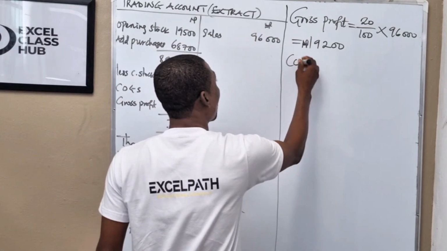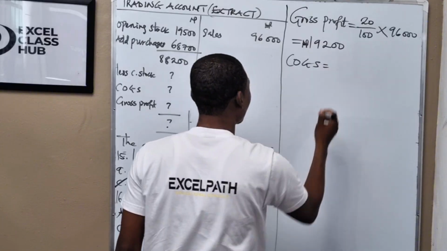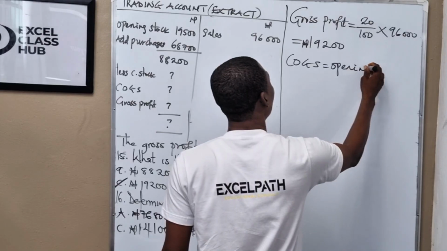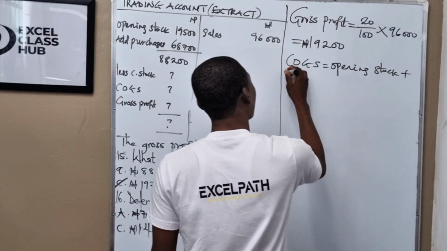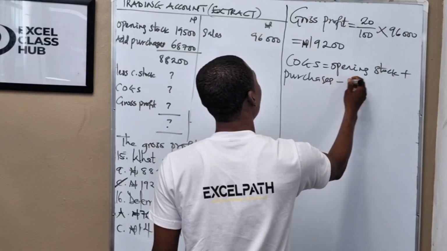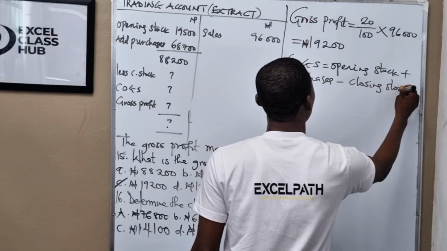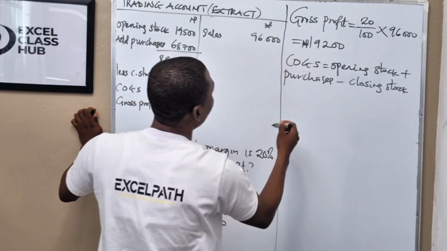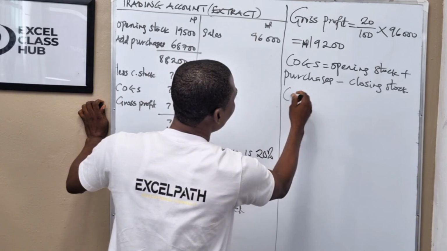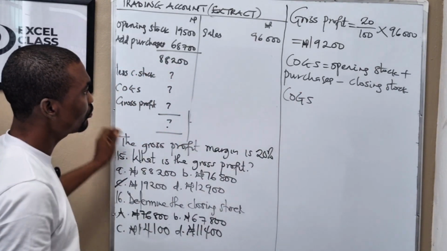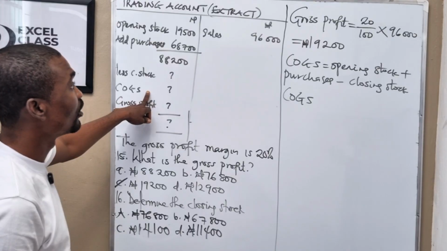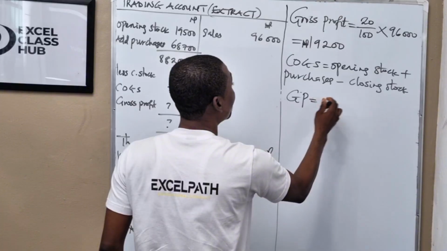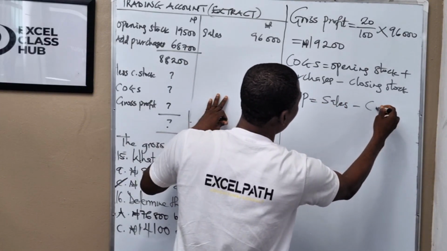Then number 16, we are asked to determine the closing stock. We have to get the cost of goods sold before we can get the closing stock. Our cost of goods sold is equal to opening stock plus purchases minus closing stock. Now, the cost of goods sold, COGS, we are not given in the question, but we have gotten our gross profit. And don't forget that gross profit is equal to sales minus cost of goods sold.